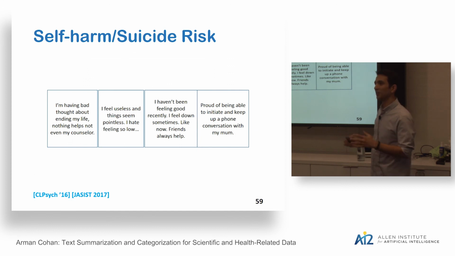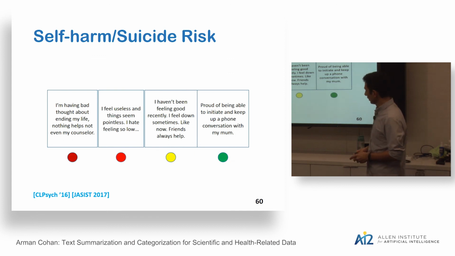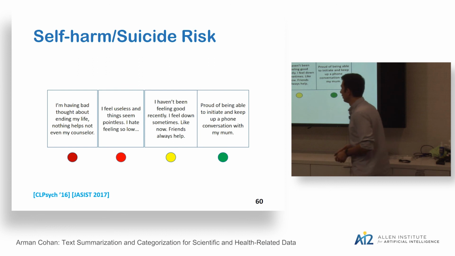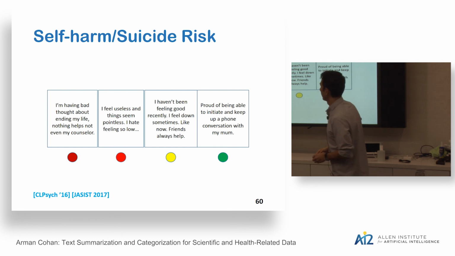Nothing helps. It shows that the user is at risk. But on the right side, it's usual content and doesn't show any risk. So we want to be able to prioritize them, to identify whether the user is at risk or not. And this can help moderators focus their attention on users that are at risk.